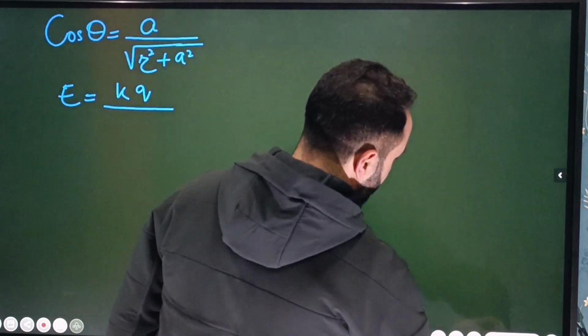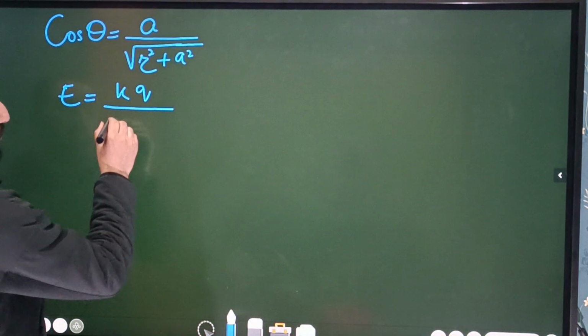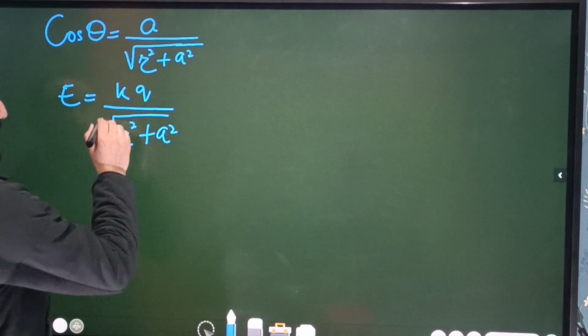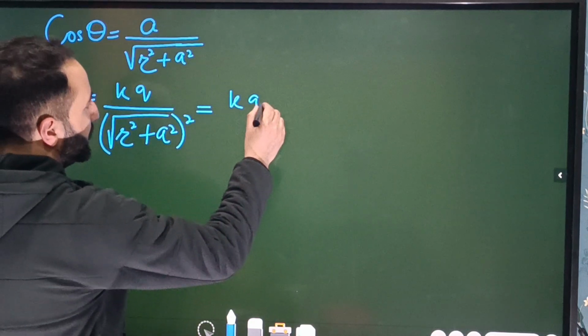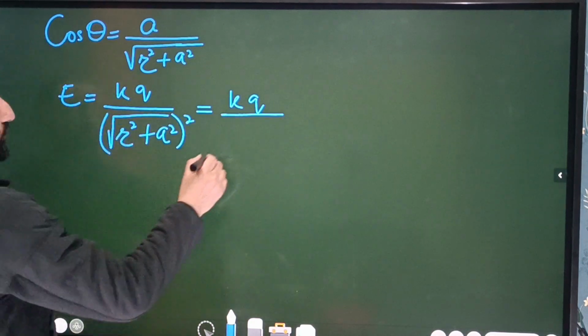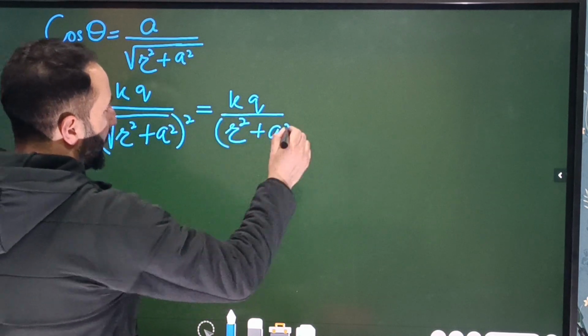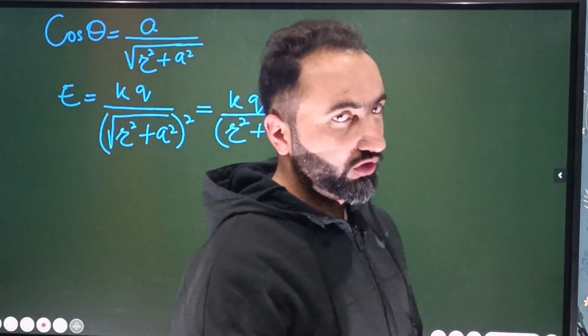So that's root of r square plus a square whole square, and the square and root will cancel. So it will be K multiplied by Q divided by r square plus a square. Okay, I'm sure you are following me.